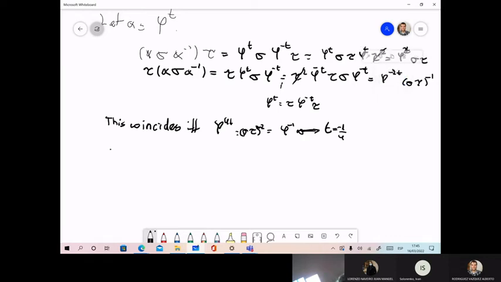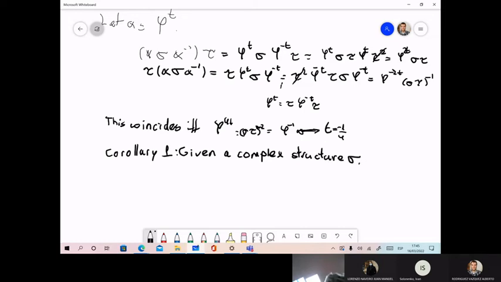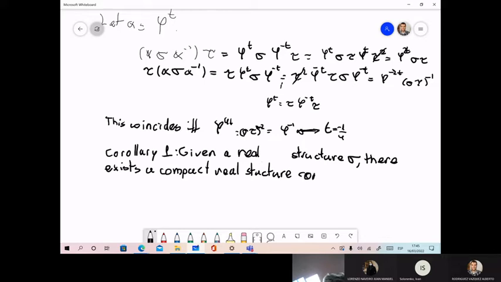So we have two corollaries. The first one says that given a real structure sigma, there exists a compact real structure commuting with sigma.